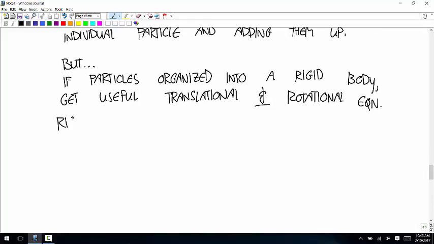So for a rigid body, Newton's second law says F net is equal to the mass of the body times the acceleration of the center of mass.